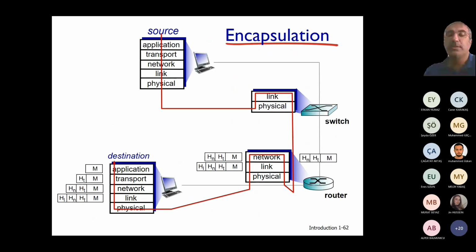And at the destination, we apply the reverse operation. Starting from the physical layer, we remove the physical layer header and pass this to the upper layer, which is the link layer. The link layer is going to remove its header and pass to the network layer, and so on up to the application layer.